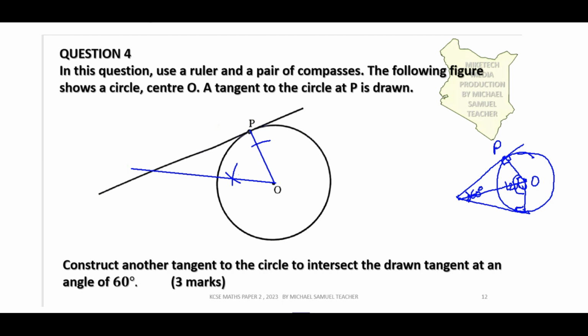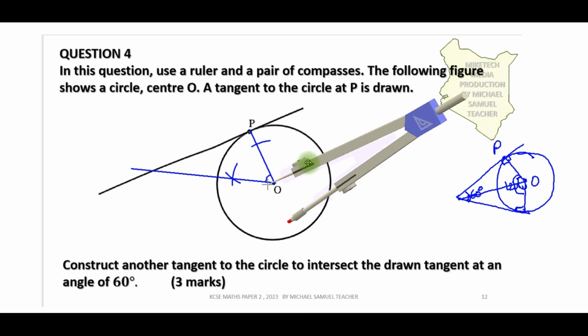Therefore, this angle is 60 degrees. This will be 30, but we require another. If we are going to draw another tangent at this particular point, here should be 60 degrees. The same way I am going to do. From there, we are also going to construct an angle of 60 degrees from this particular point.